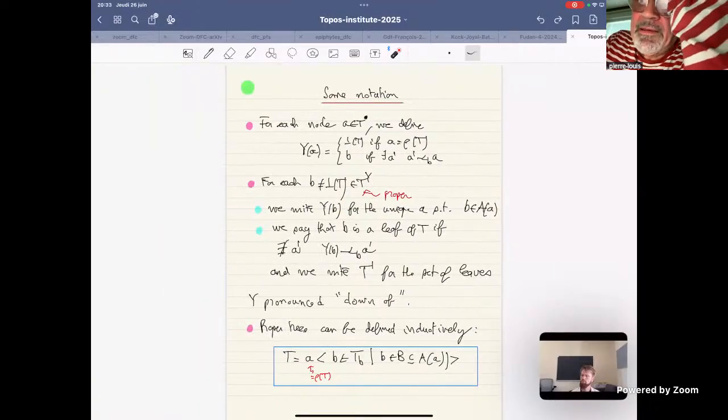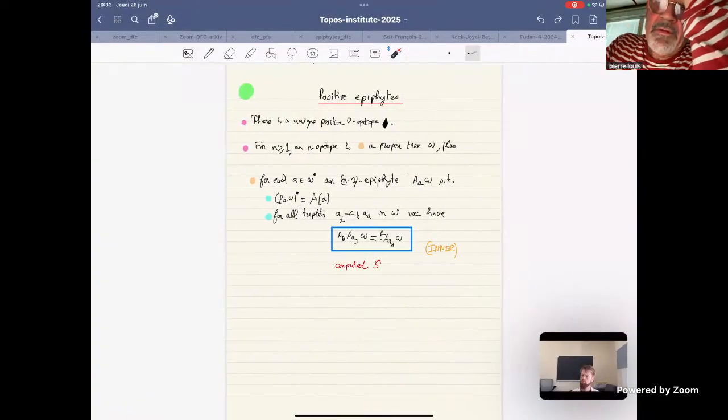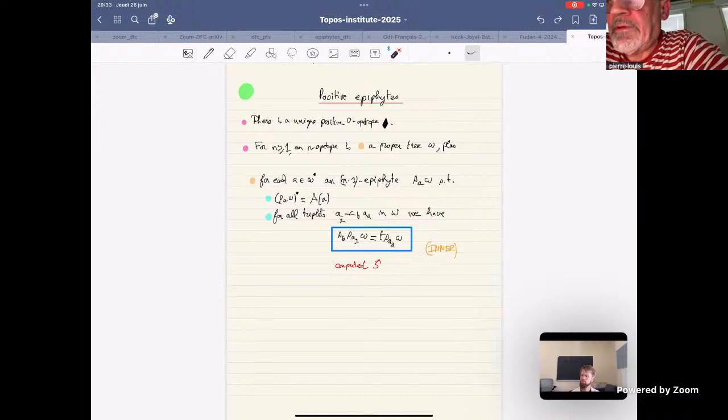And now I can risk the formal definition of positive epiphytes. So it's an inductive definition. A positive epiphyte is, in dimension 0, there is only one such thing, and we have a notation for it, this lozenge.